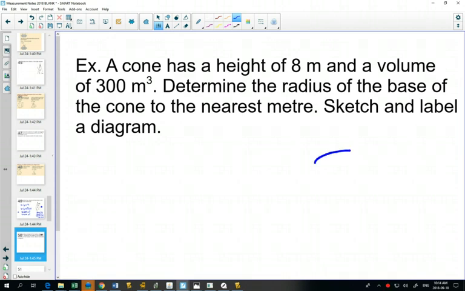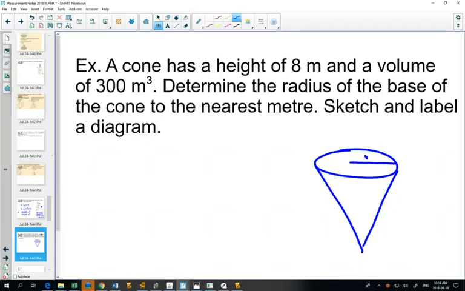I want to find the radius, so this is what I don't know. I know that it has a height of 8 meters, and I know that the volume is equal to 300 meters cubed.